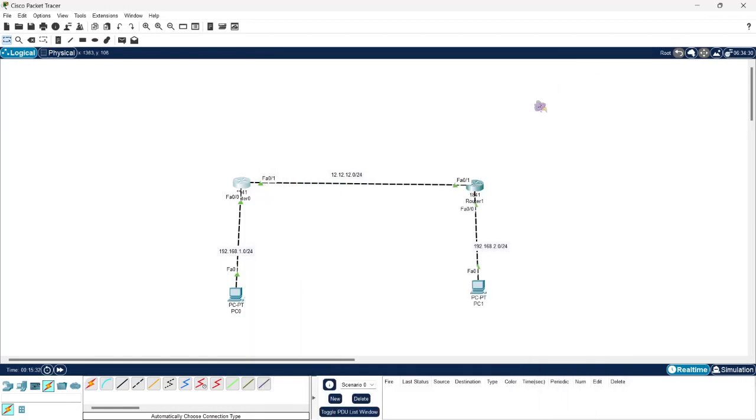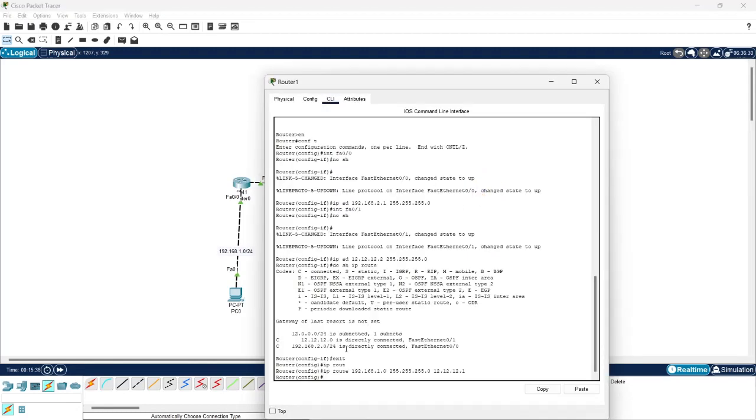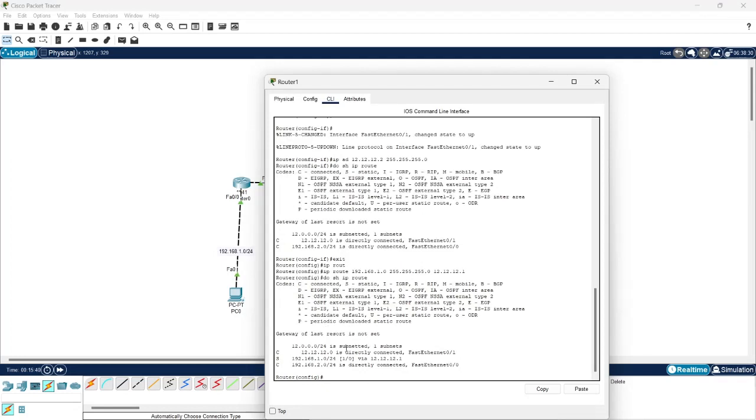So we're going to check the next router with show ip route. Okay, so as you can see, it is marked S, so that means we have configured it in static mode.